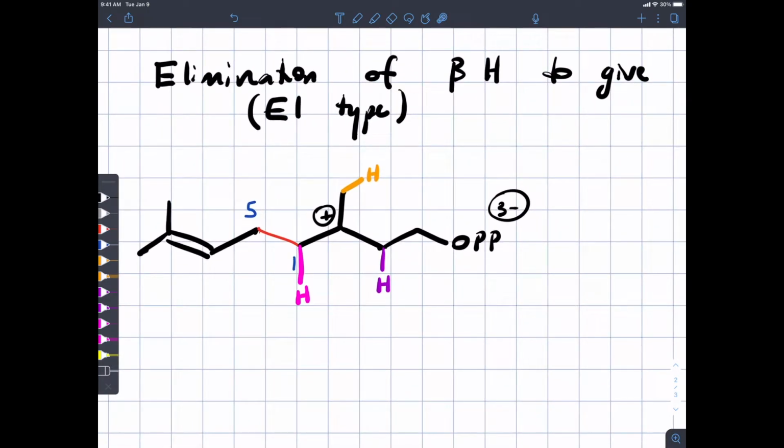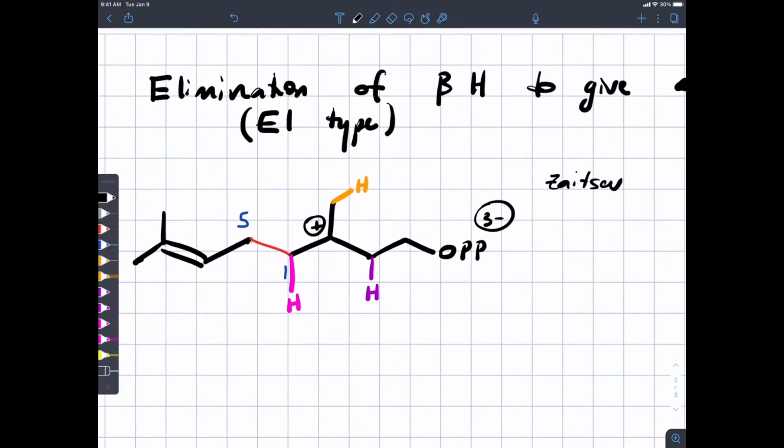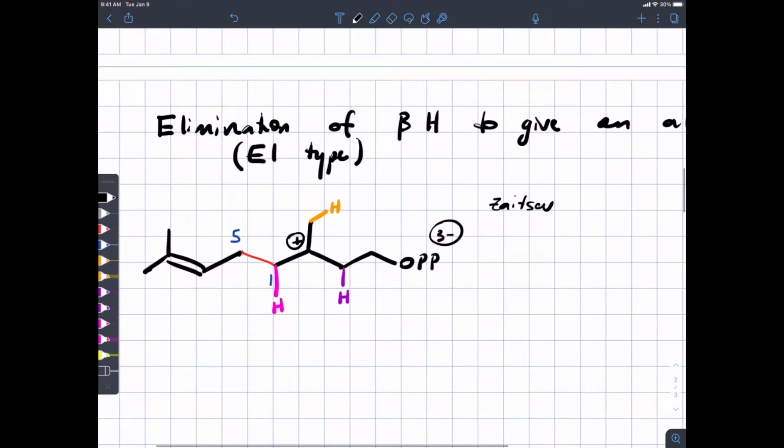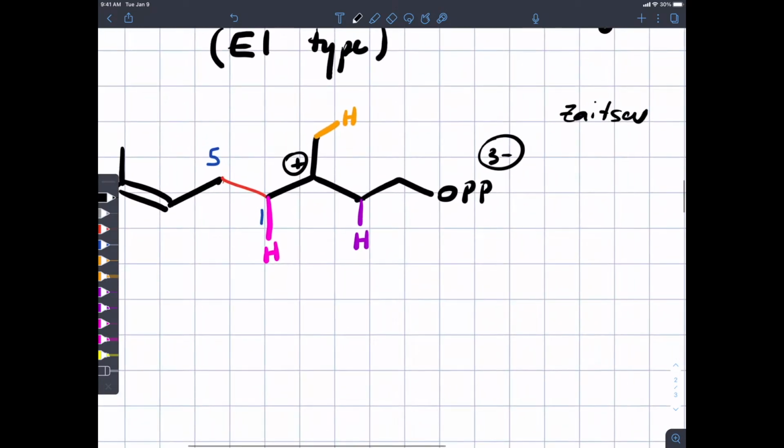Okay? So there was a rule for E1 elimination where the alkene that you got from this process, if there was more than one possibility, what's the major product? I'm hearing whispers of the more substituted one. Okay, good. And that's the Zaitsev rule, if you learn the names of dead folks that discovered these things. You don't have to.